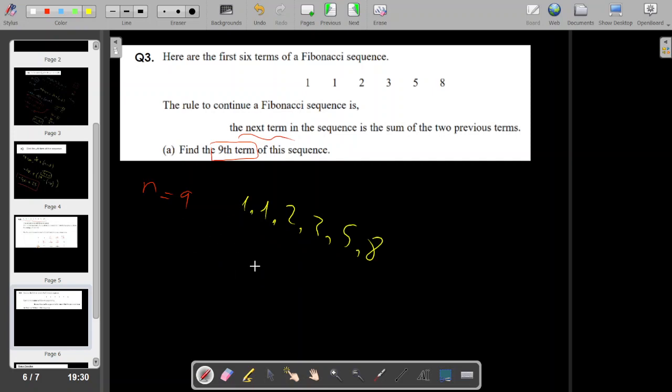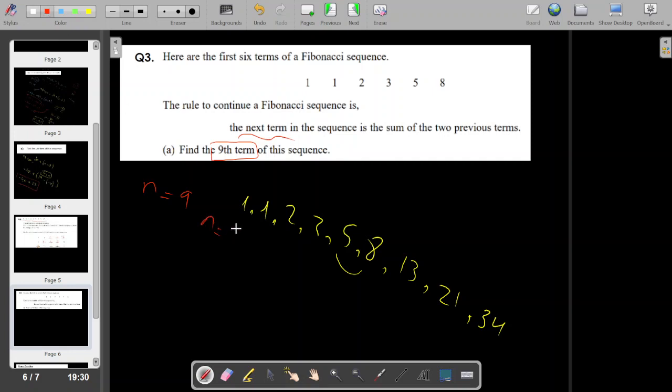And remember, they are Fibonacci sequence. So the next term is gonna be 5 and 8, which is gonna be 13. 13 and 8 is gonna be equal to 21. And the next one is gonna be 34. So let's see the amount of n's here. We see if we reach n.